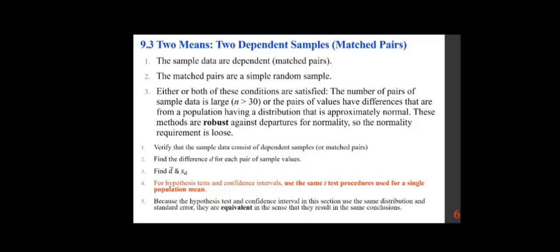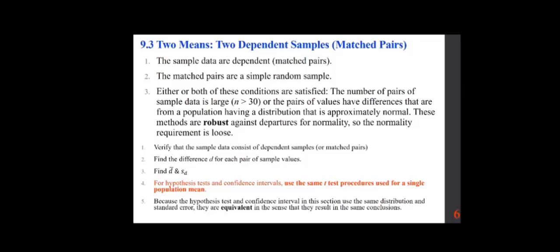So we're going to verify the sample data consists of dependent samples or matched pairs. We want to find the differences, and then we basically do the test of hypothesis on those differences. Okay, so we find d bar and s sub d, and for hypothesis test and confidence interval, use the same t-test procedure used for a single population mean.